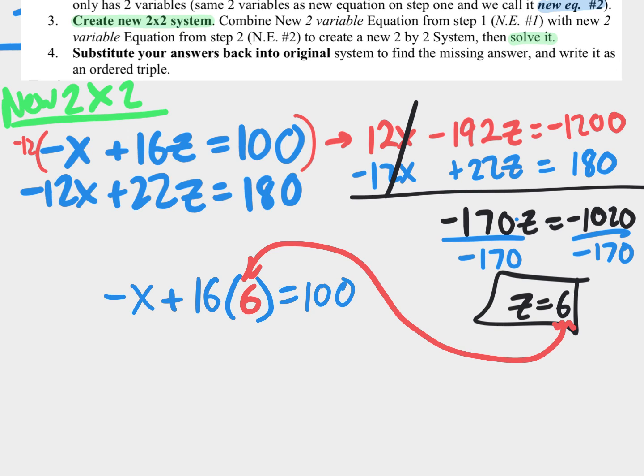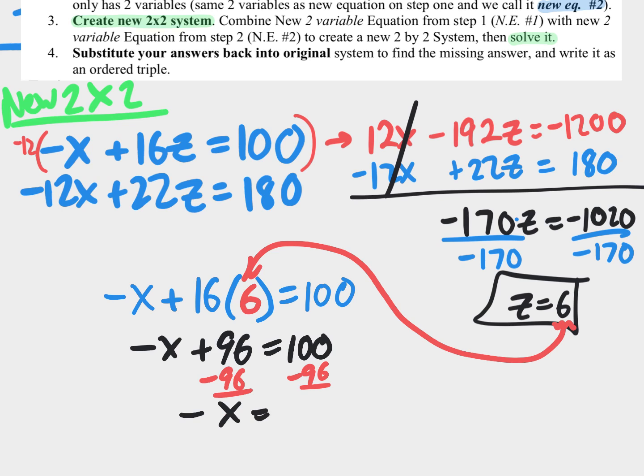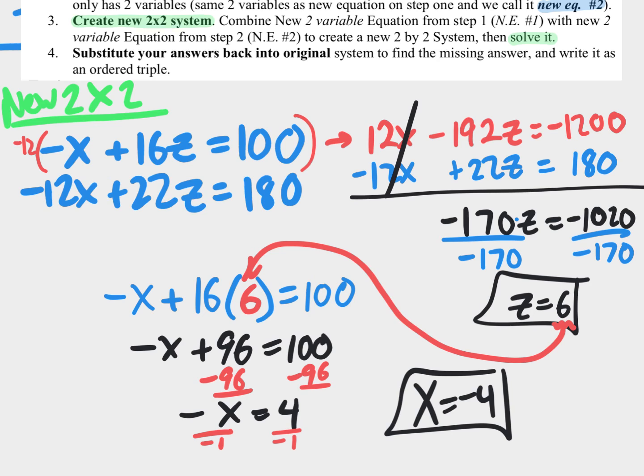So when I do this math, negative x plus 96 equals 100. Subtract 96 on both sides. You'll end up with negative x equals 4, which means that when you divide by negative 1, x equals negative 4. So we found our two answers to the new 2x2 system that we created.